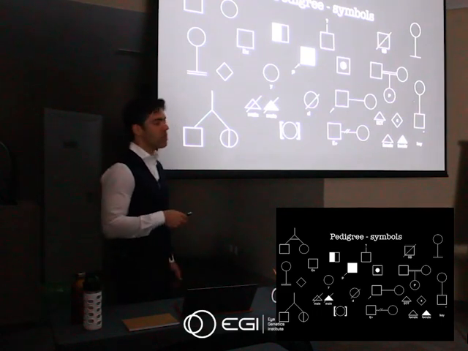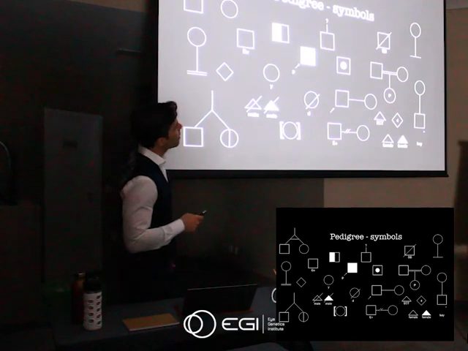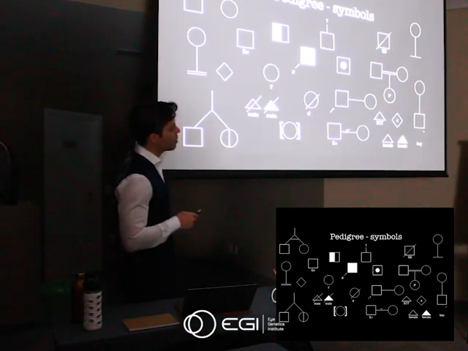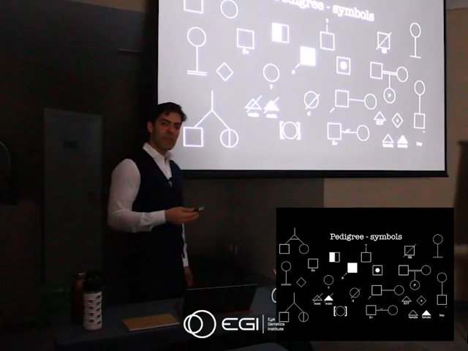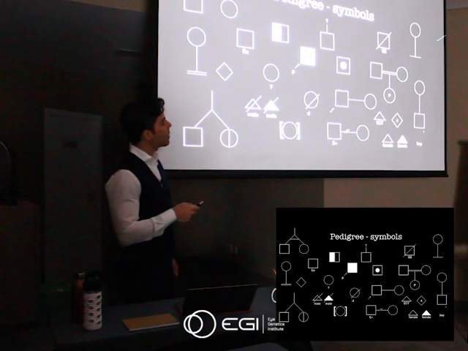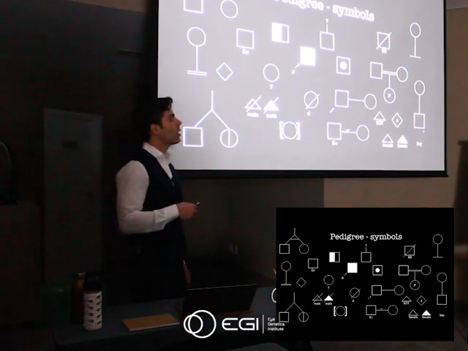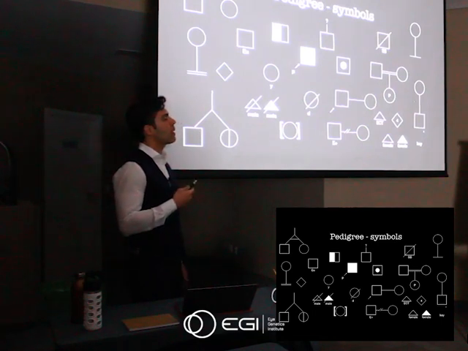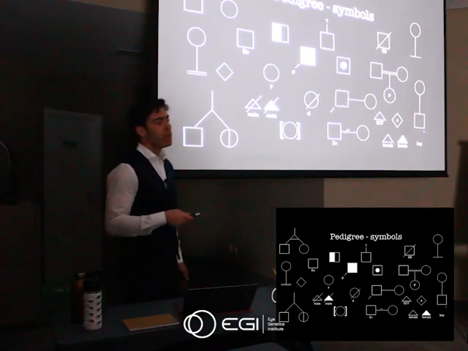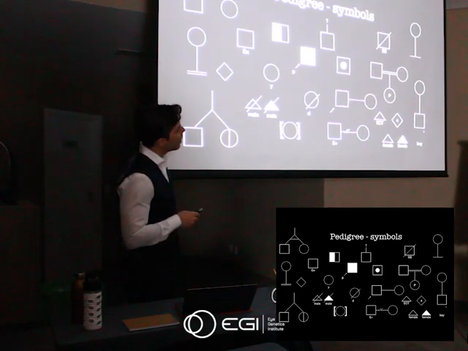They can be first cousins, second cousins, but they are related somehow. And the letters SB just mean that it was a pregnancy that came to term, but the baby in this case was a stillbirth. So this is what it means.